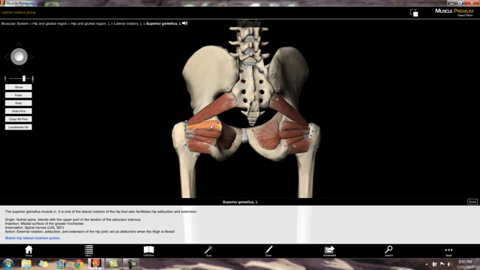The superior gemellus muscle attaches along the ischial spine and inserts just inferior to the piriformis. Primarily external rotation, innervated by L5-S1, and acts as a little bit of a hip extensor.